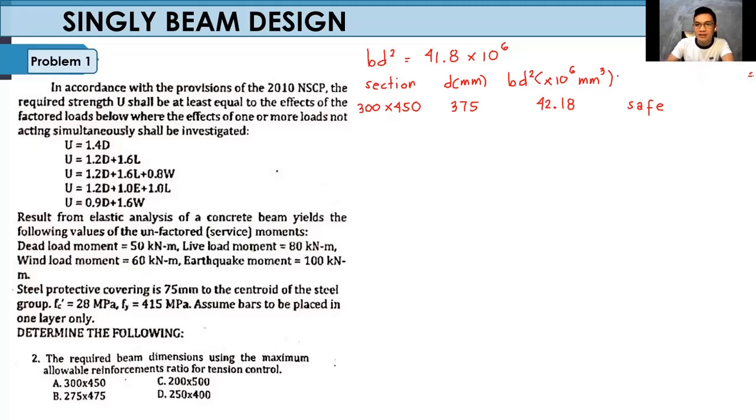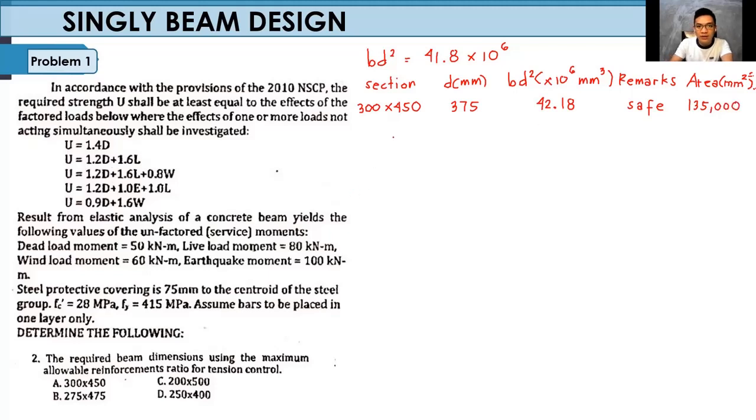Hindi siya nagkasya. Remark. Yan. Okay? So, area niya is just 300 multiplied by 450. And that is equivalent to 135,000.